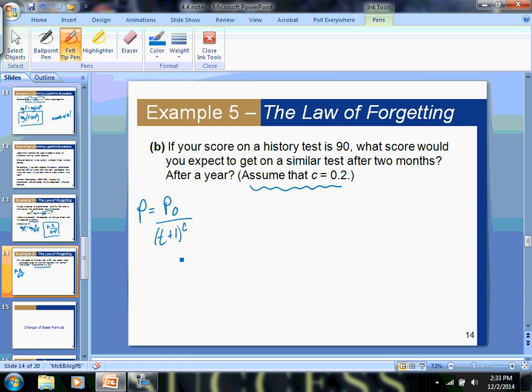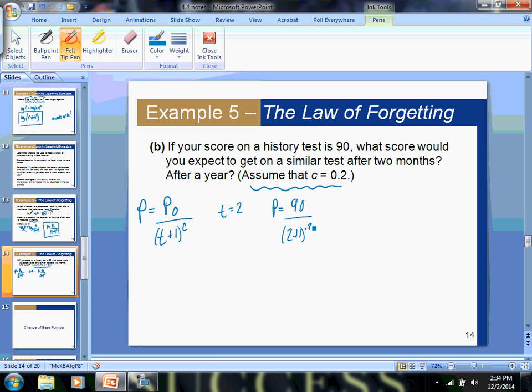Now, if we want to find out what you're going to score in about 2 months, remember time was measured in months, so we'd want t to be 2. So we'll have p of, let's see, your original score was 90, and you had 2 months. Our constant is going to be 0.2.